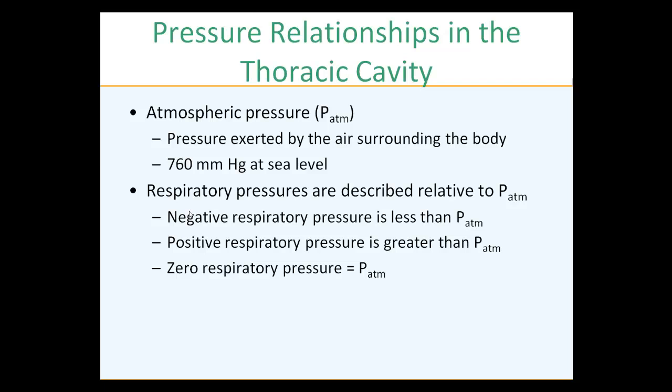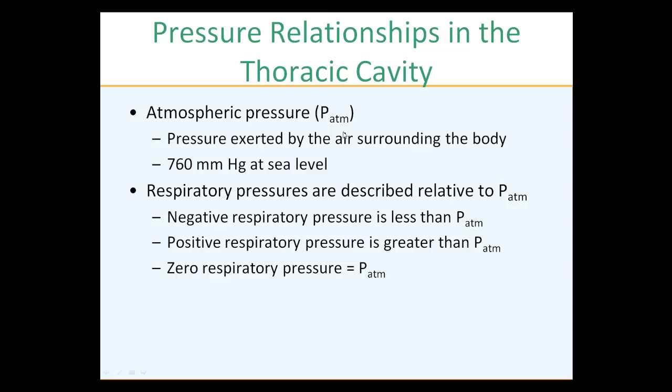We will see that we are referring to pressures not as 760, but you will see us talking about -1, +1, +100, plus this, minus that, which we're really referring to is the difference between the atmospheric and the alveolar pressure. So a negative pressure would be less than the atmospheric pressure.